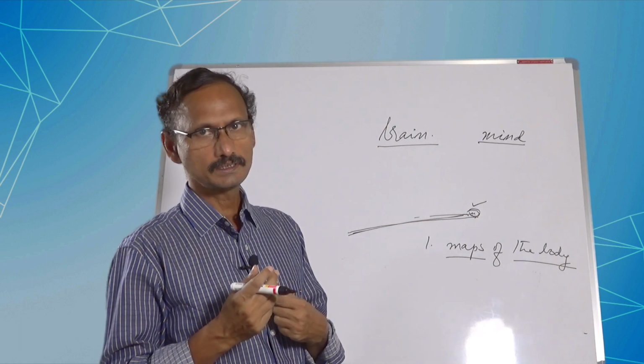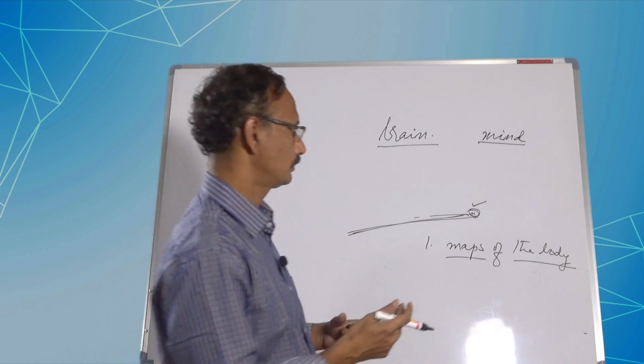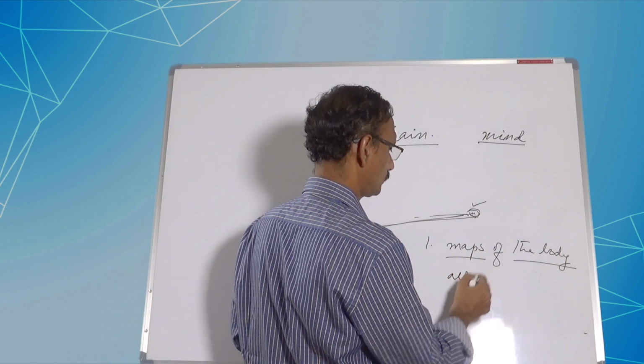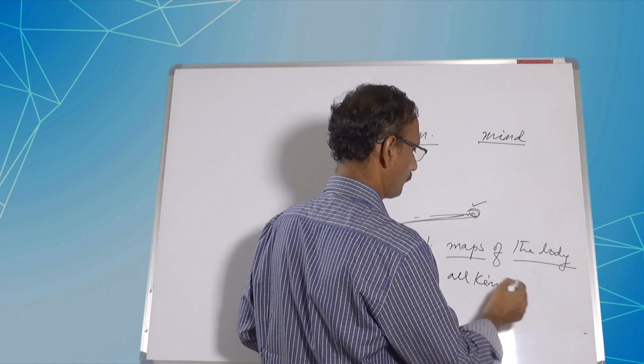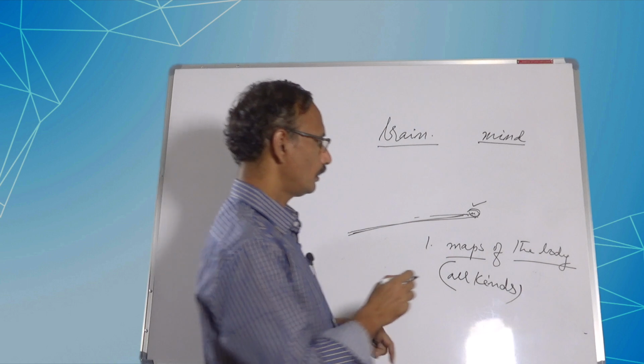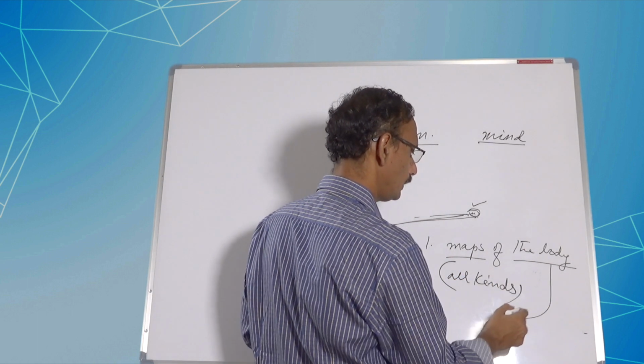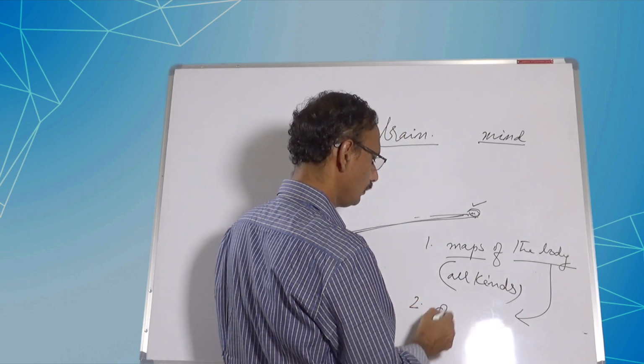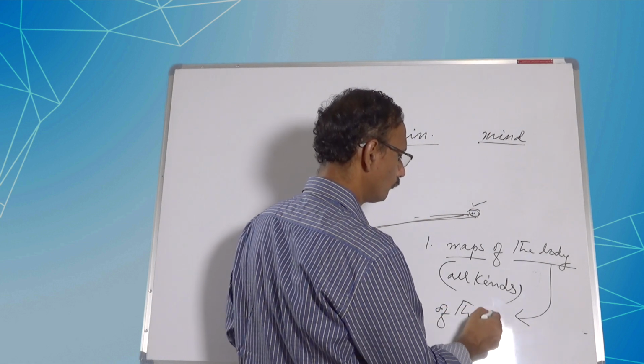That is, map is not only of visual kind but all kinds. Of the body and then of the world.